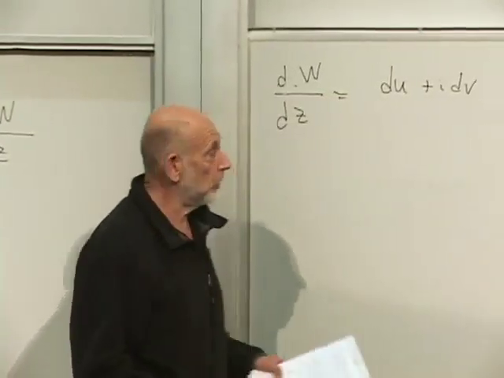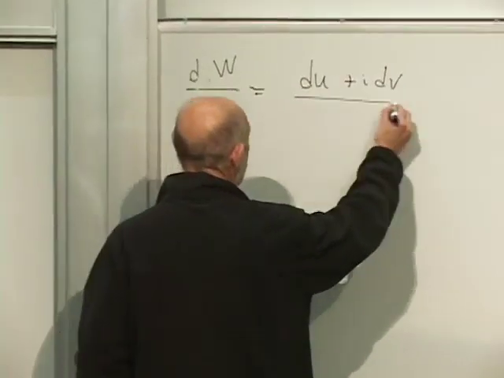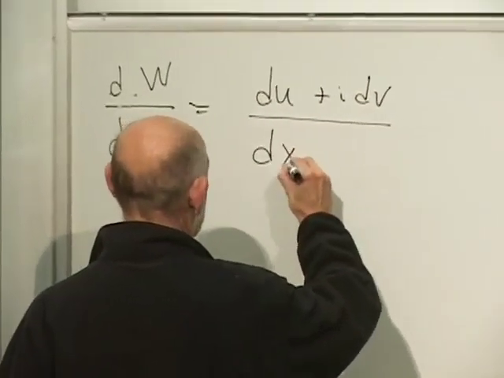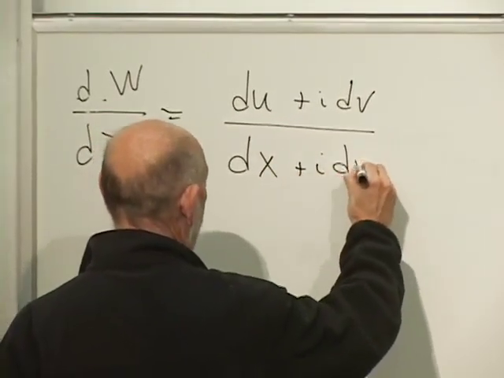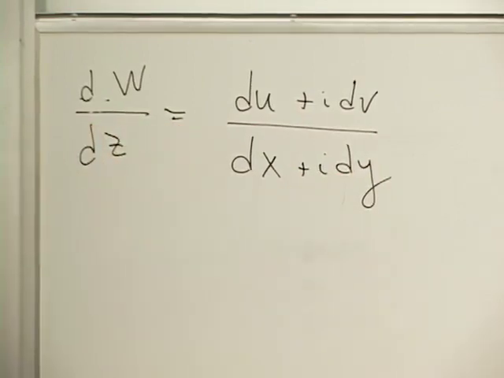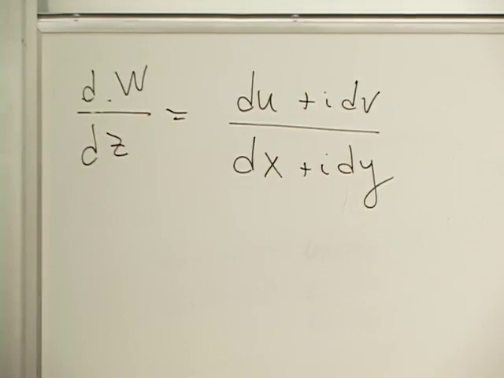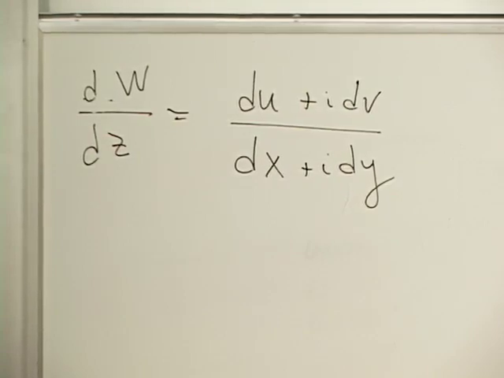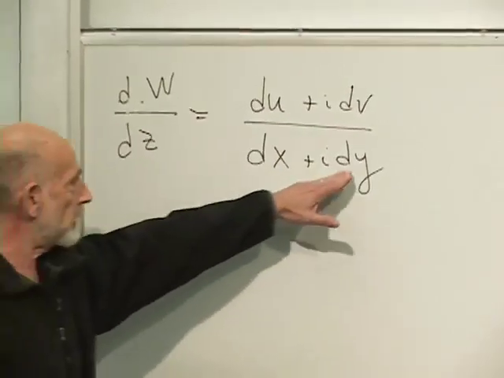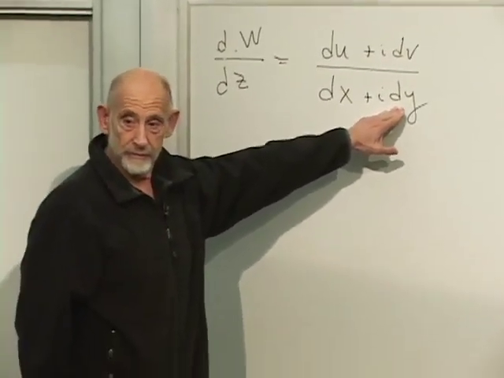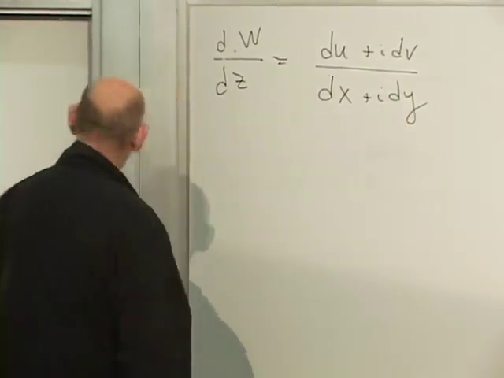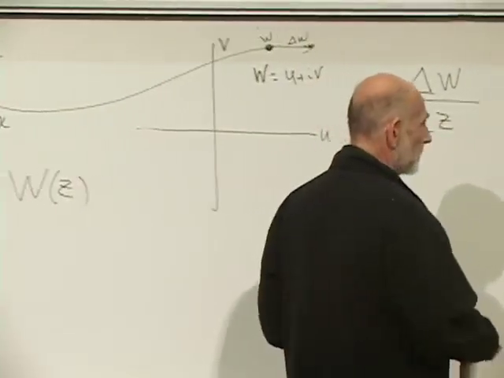The differential of u plus iv divided by the differential of x plus i dy. Okay, that's very straightforward. Now let's calculate it if I come in along the x-axis. If I come in along the x-axis, then dy is equal to 0. Okay? dy is equal to 0 if I come in along the x-axis.